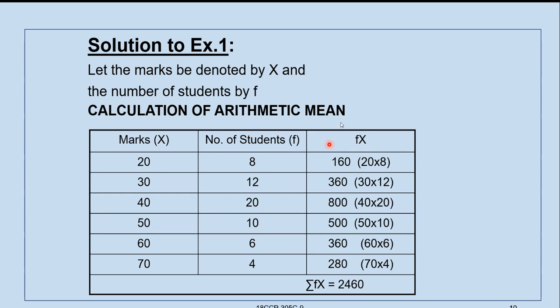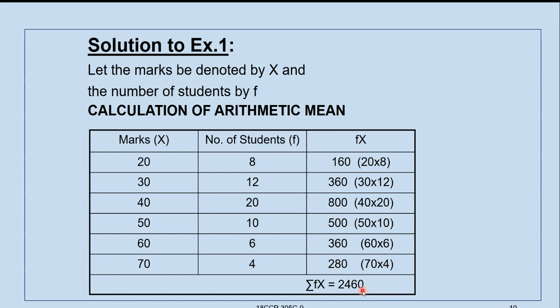And lastly, we will add all these products. The product is 20 into 8 is 160. Like that, we will complete the table, and then we will take the sum of all the products, that is sigma fx, and sigma fx is total 2460.